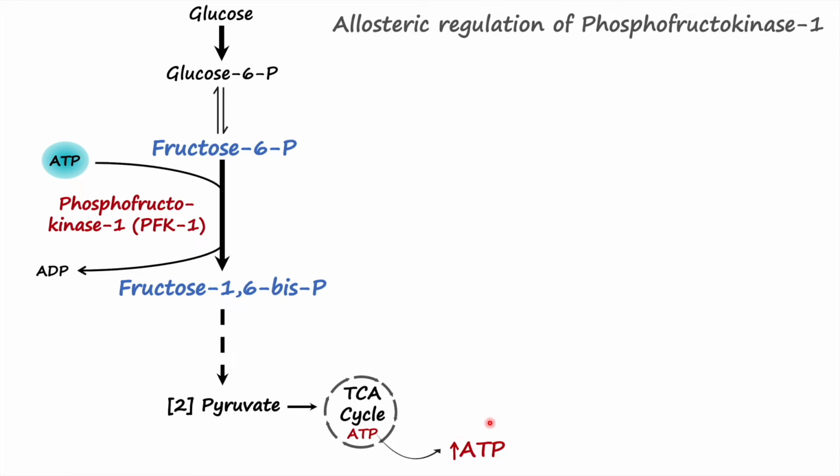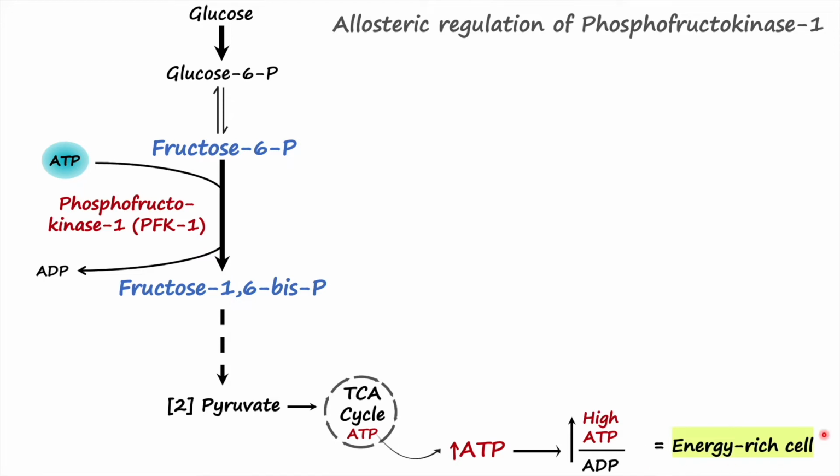As a result, there is an increase in the ratio of ATP to ADP. When ATP is consumed, it is broken down into ADP and AMP. Therefore, when the ratio is increased, it indicates that ATP production is higher than its consumption, and that there is an abundant energy supply within the cell.